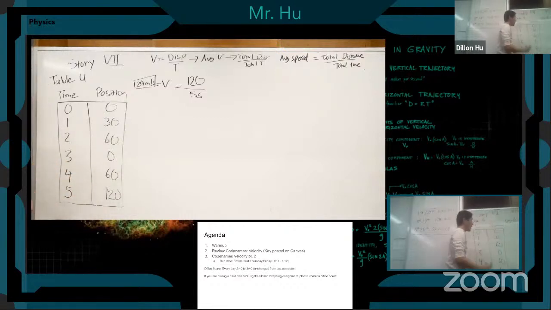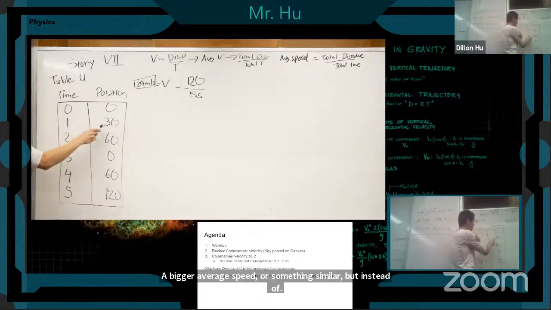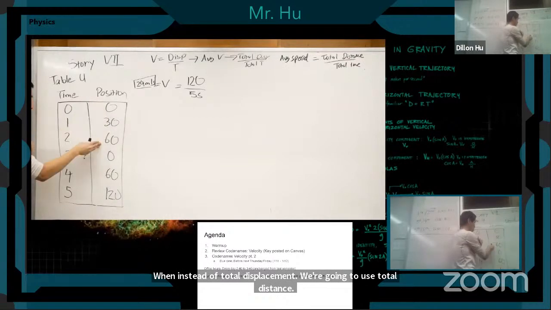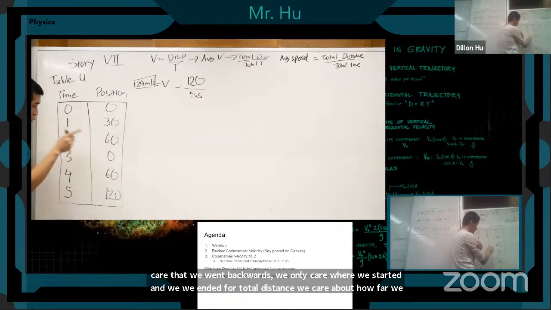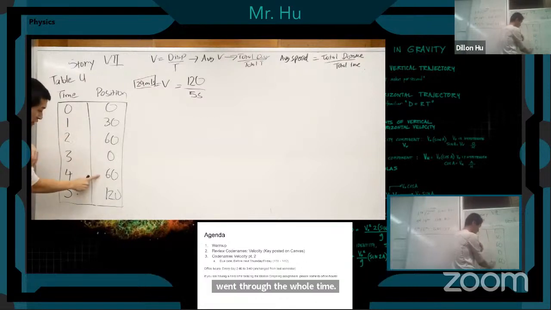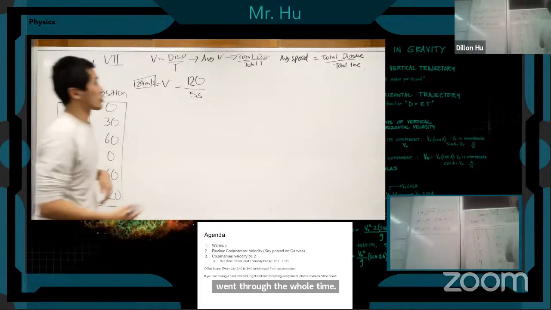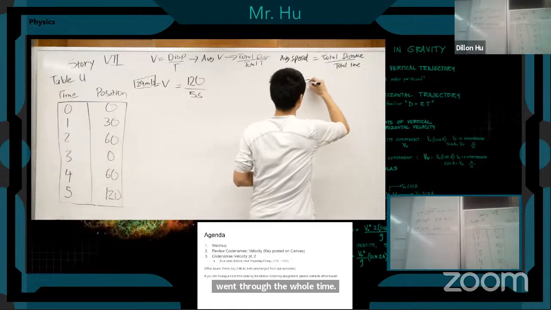For our total distance, we care about how far we went in the whole time. So between 0 and 30, we traveled 30 meters. Between 30 and 60, we traveled another 30. So we traveled 60 here. We traveled another 60 backwards. So now we traveled a total of 120, not 0, 120. 60 here, 60 back. We traveled another 60, so now we're at 180, and another 60, so we're now at 240. So our total distance is actually 240 meters.